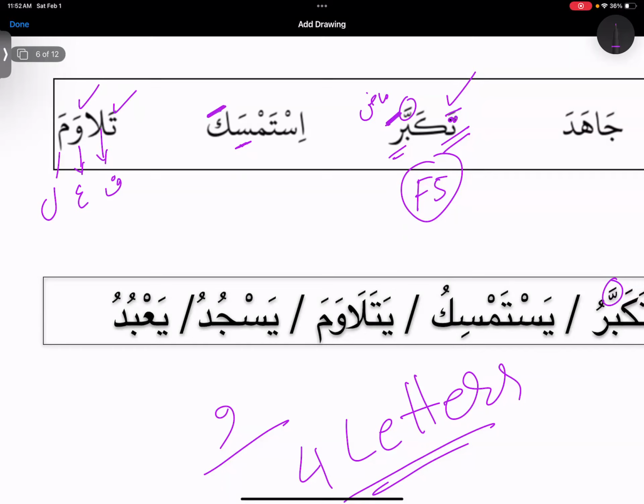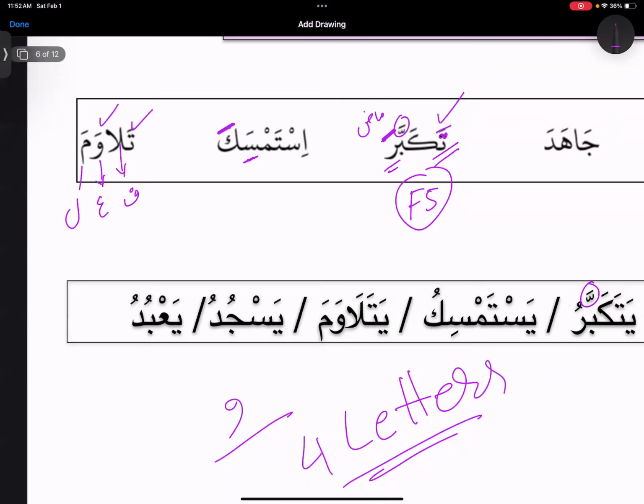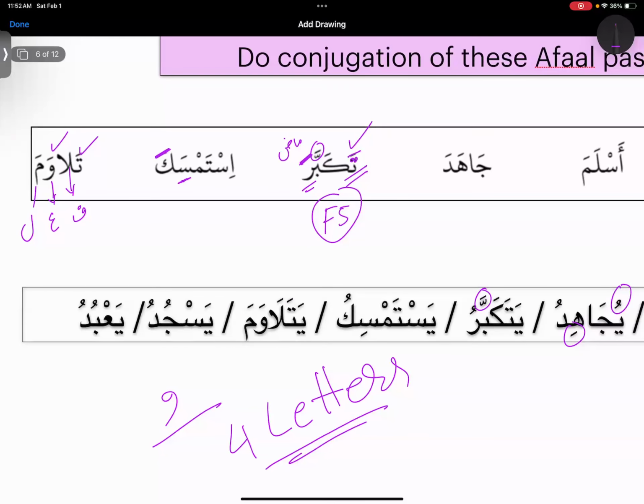Did you guys notice that takabbara Mudari was starting with ta? Talawama is also starting with ta, right? They are not one family, they are different, but they are starting with ya, and they are all having fathas. All fathas. Even the last letter is fatha. No, that is a mistake.